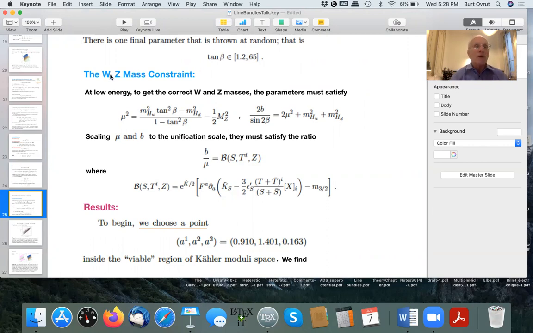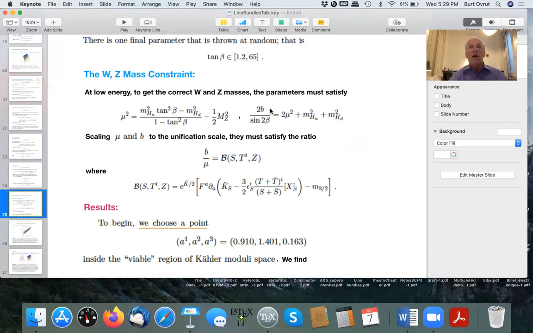One more thing before I give the final answer. Down at 100 GeV at the electroweak scale, we want to get the correct W and Z mass, and this is the mu problem. It turns out that when you're doing gaugino condensation, you get two equations that you have to satisfy, one involving mu and one involving B. This is just a more standard thing.